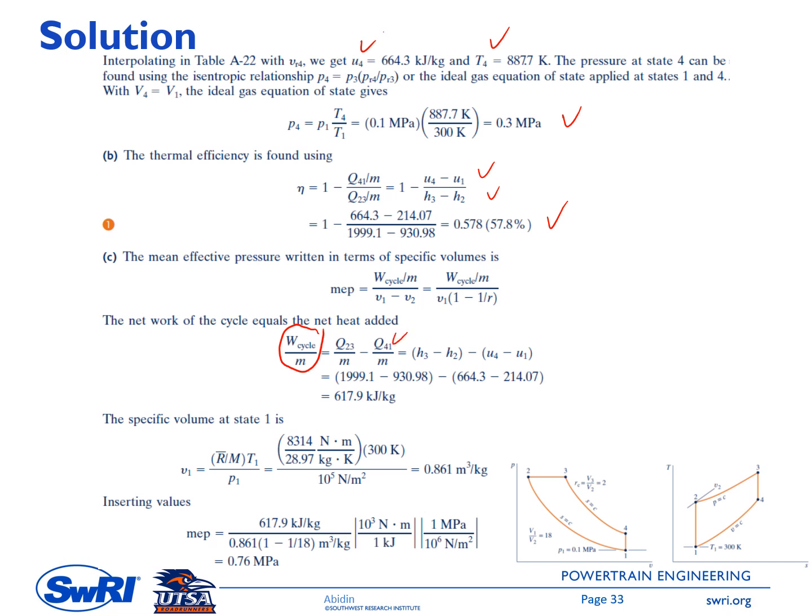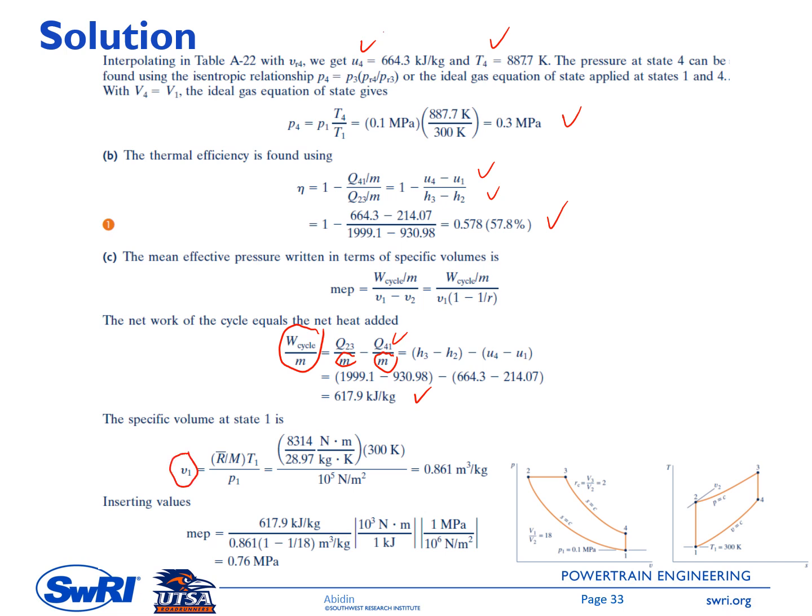You can get it from the net heat. So this is Q23 minus Q41. Everything here is per unit of mass. Okay, so you plug in all the numbers here, you will get that net work per unit of mass is 617.9 kilojoule per kilogram.